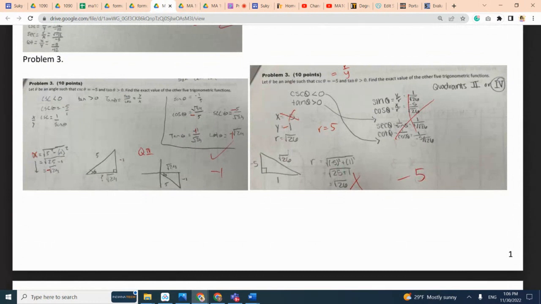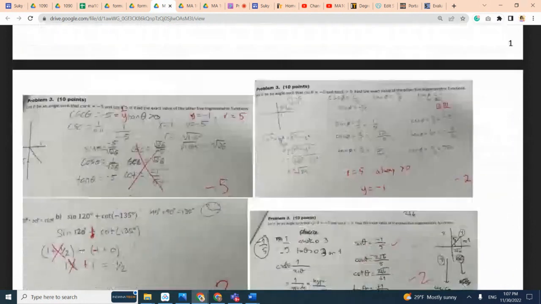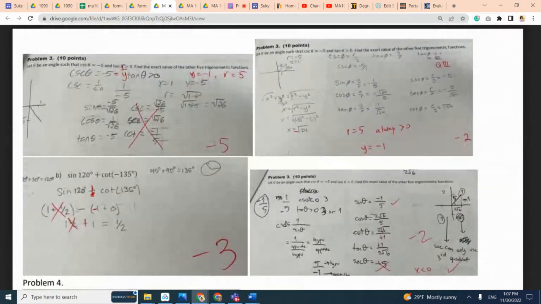So that's the mistake. And then here, cosecant is r over y, so not x over y, okay? So yeah, that's the mistake. And then also here, cosecant is r over y, not x over y.